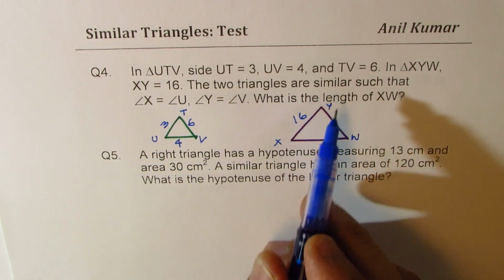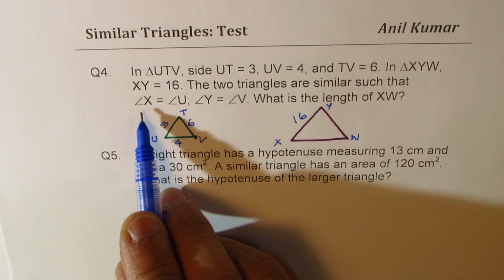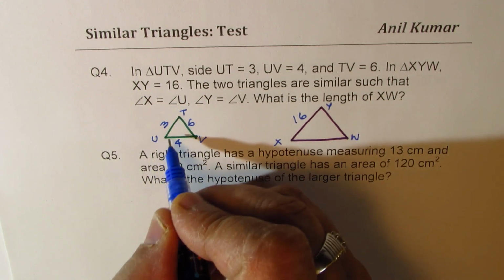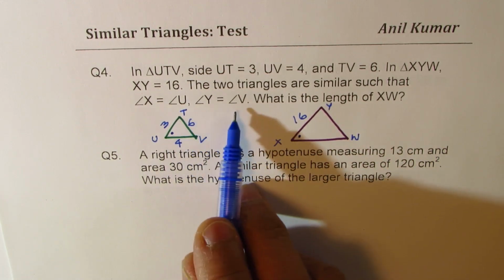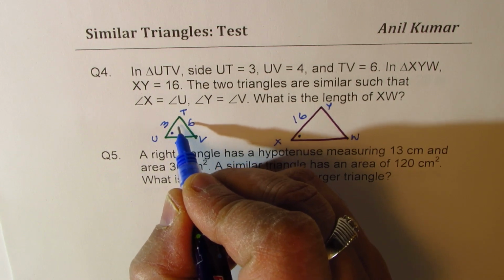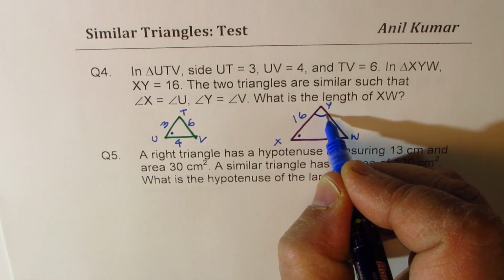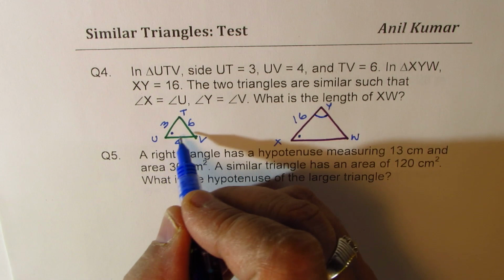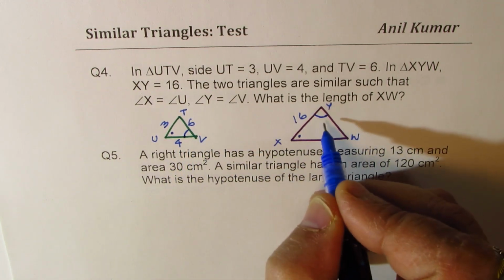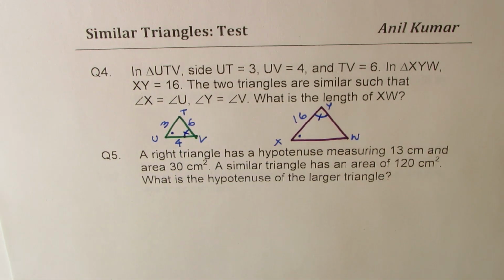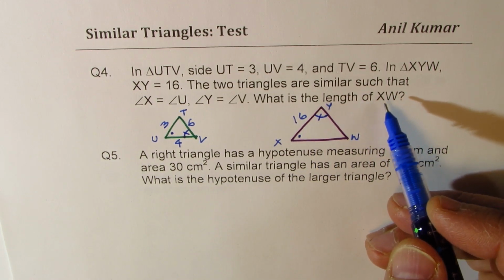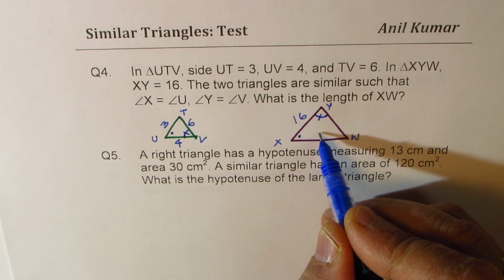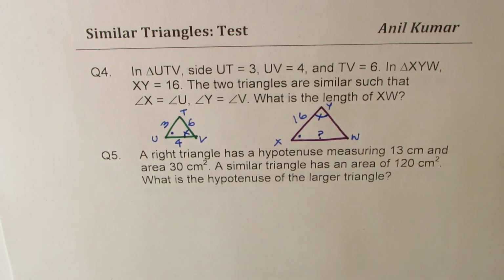The two triangles are similar, such that angle X is equal to angle U, so these two angles are equal. Angle Y is equal to angle V. Do you see that part? So these two angles are equal. Find the length XW. So we have to find this particular length, XW.